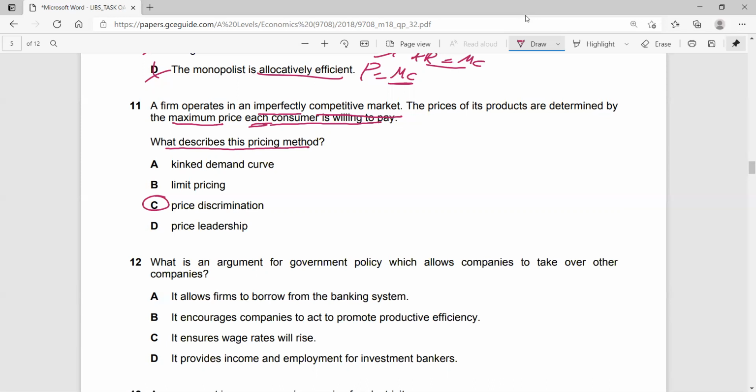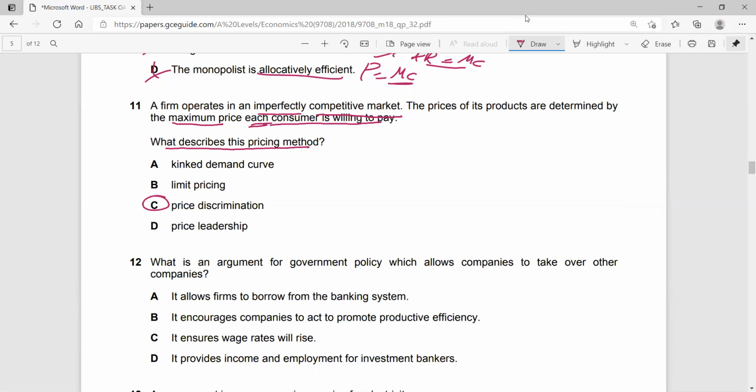So for an ice cream, for example, the maximum price of one consumer might be $5. The maximum price of another consumer who might be a little richer could be $10. Maybe someone else really loves ice cream, so the maximum price they're willing to pay is $7. Maybe somebody hates it, so they say, I'll pay $2, but if you go higher than that, I won't buy the product. So the maximum price differs based on every consumer.